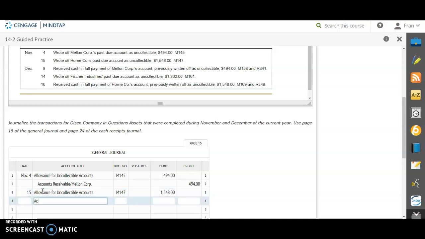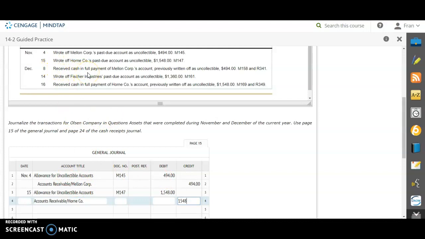And for this one, it's accounts receivable, Horn Company, 1548. Okay, that's pretty easy, right? All right, the next one, received.